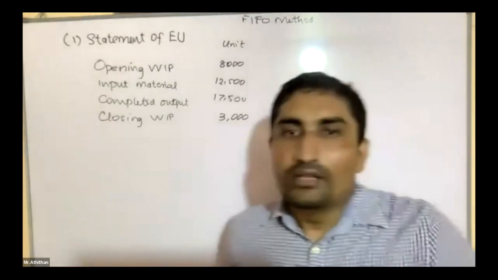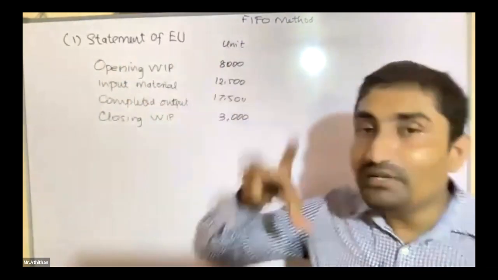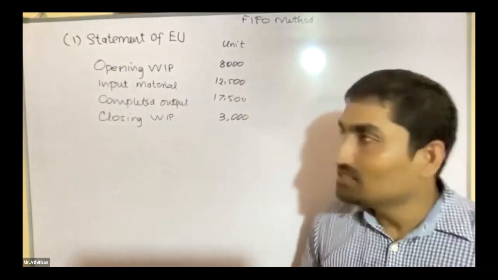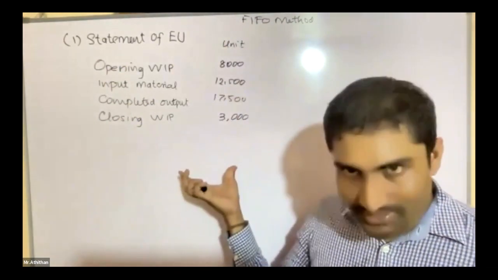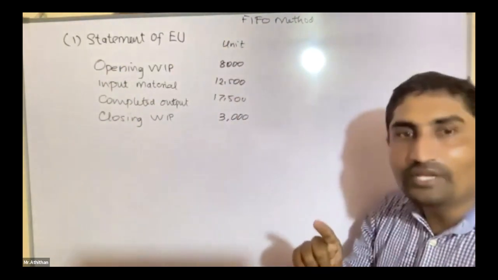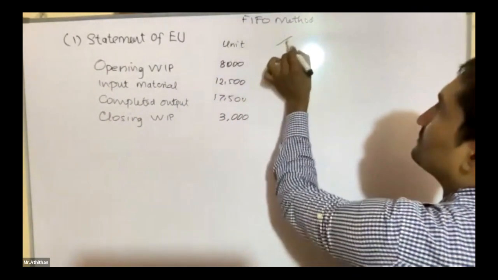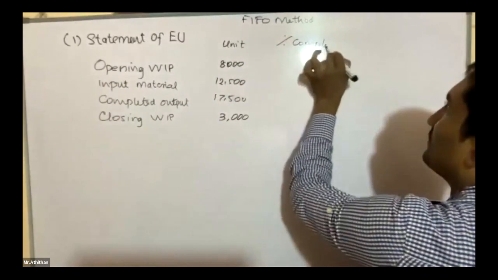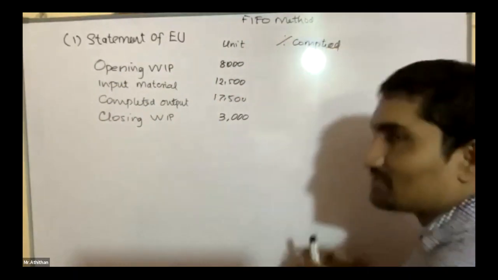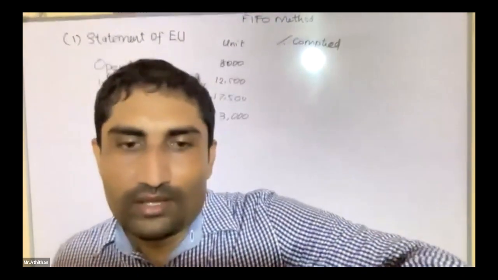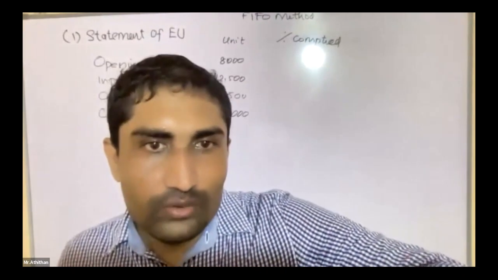Right? Okay. இப்போ நாங்க என்ன செய்து கொண்டிருக்கோம்னு சொன்னா statement of equivalent unit. Now we are performing the statement of equivalent units. So these are units. And now we have to take the percentage completed from the question.